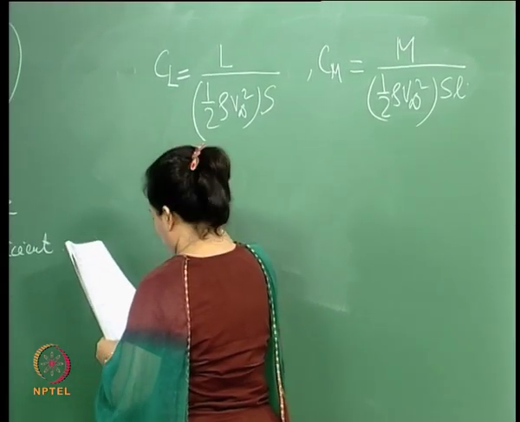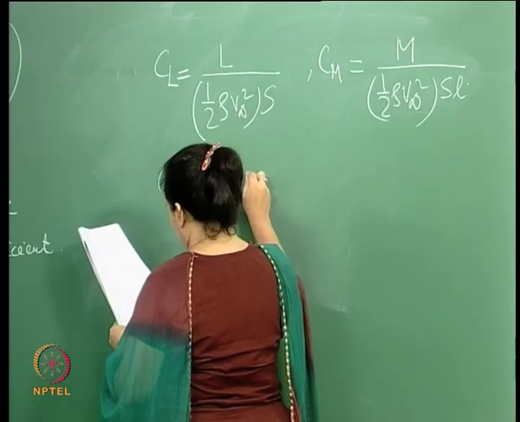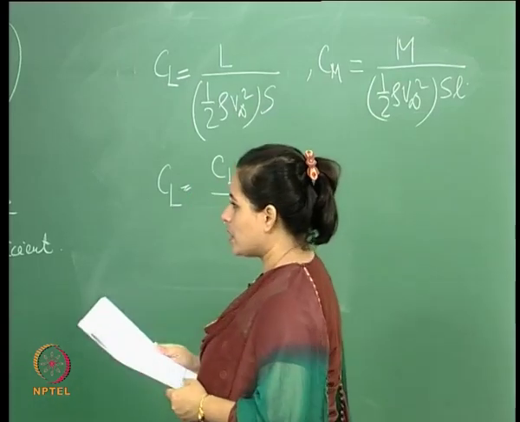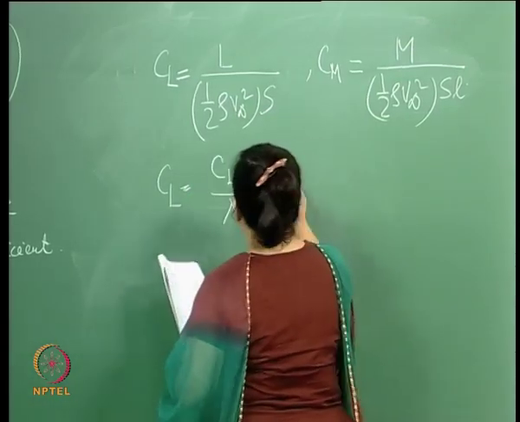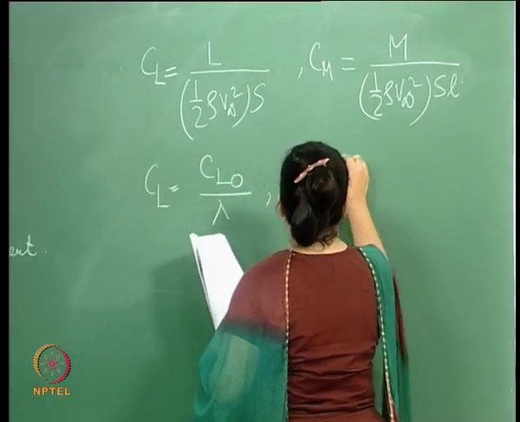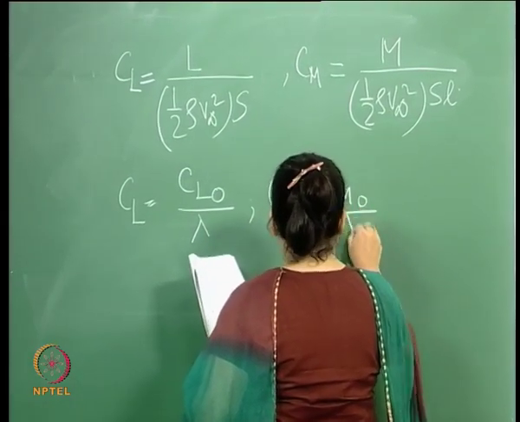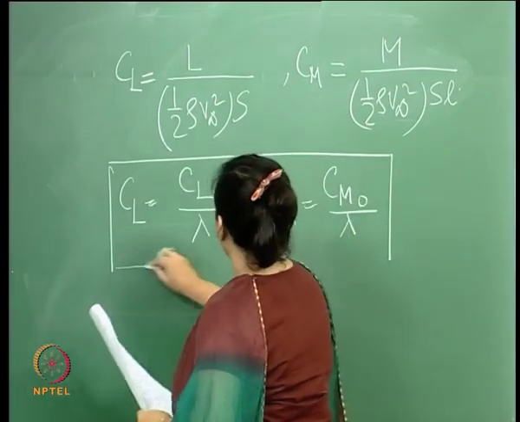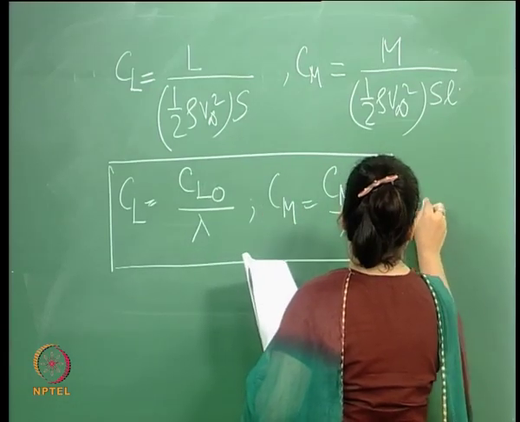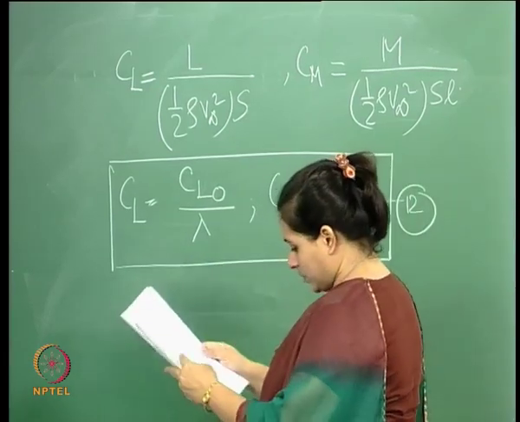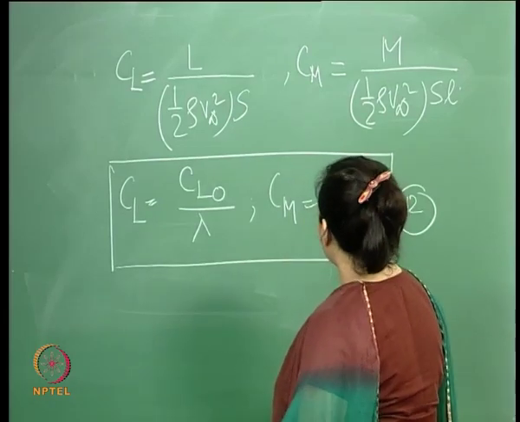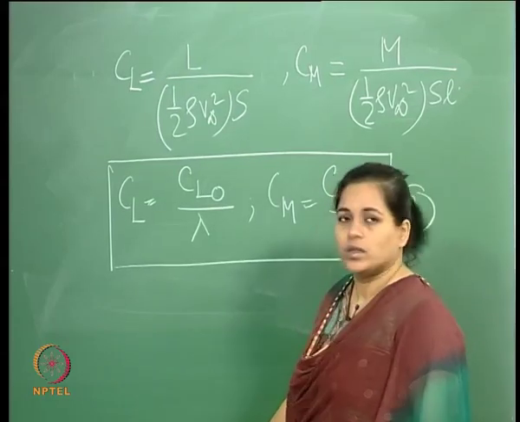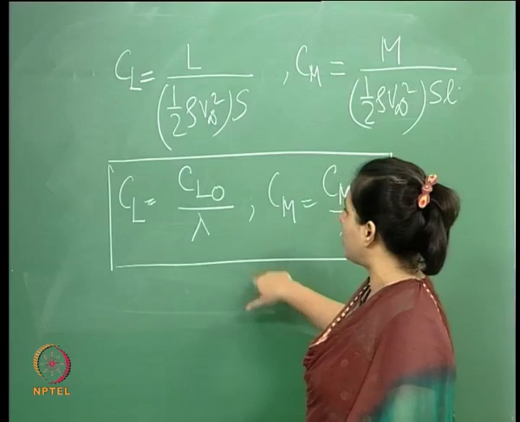So, Cl, if I were to write this, what is our lambda? So, basically what we do here, these are the two incompressible Cl and Cm, right, and this is the Prandtl-Glauert correction to it.